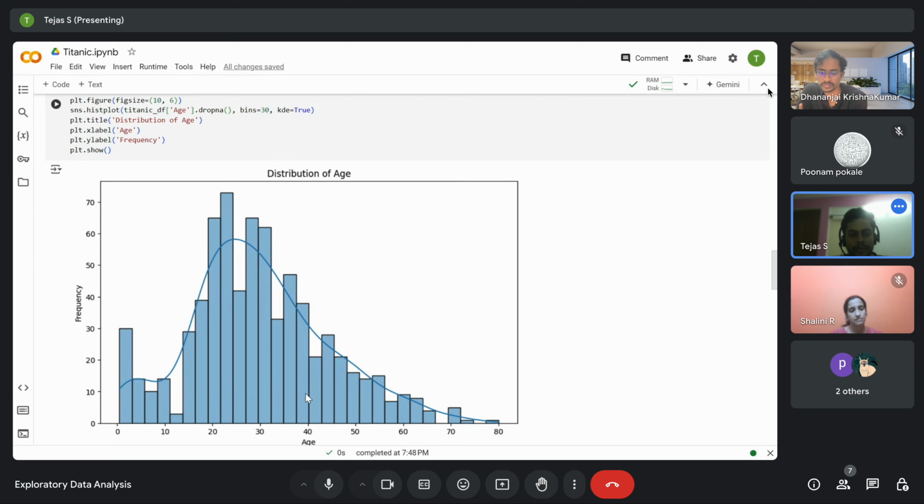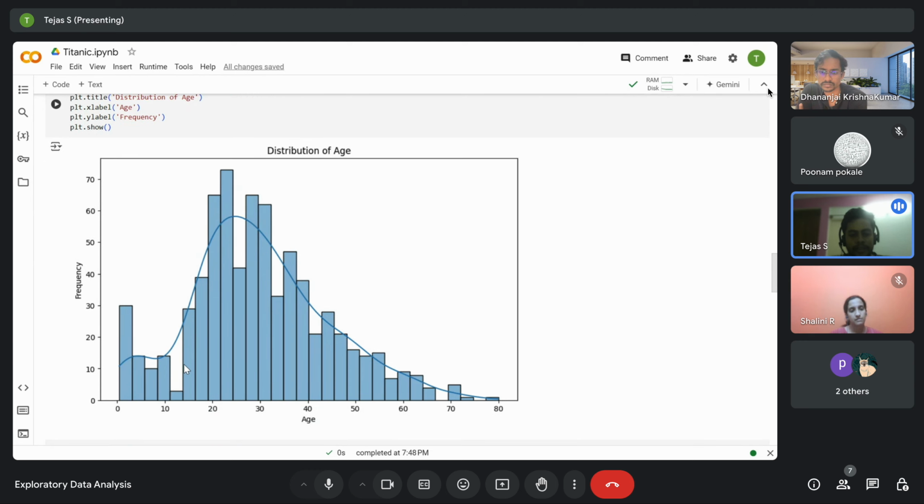We can see that age groups ranging between 22 to 24 are maximum, with a frequency of 70 or more. So the majority of them are young, and the trend is decreasing as we go. So there are fewer older people. We can conclude that.